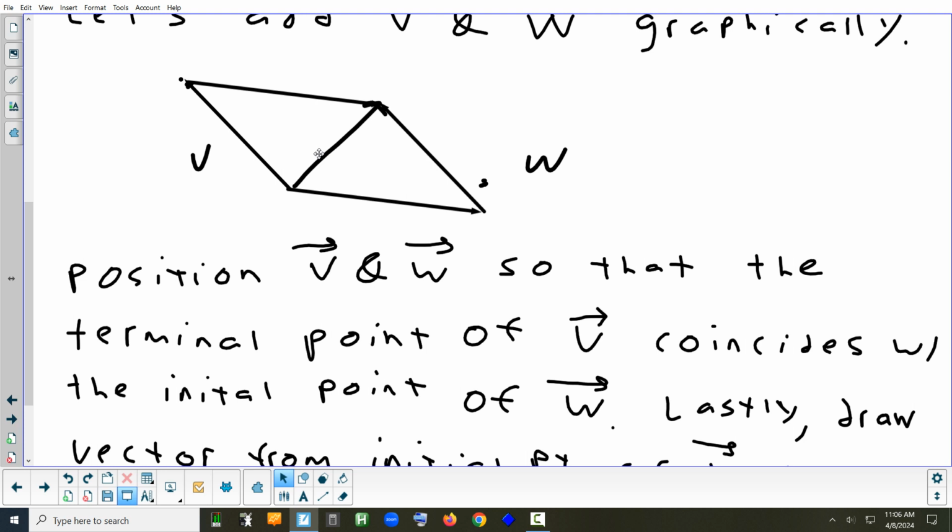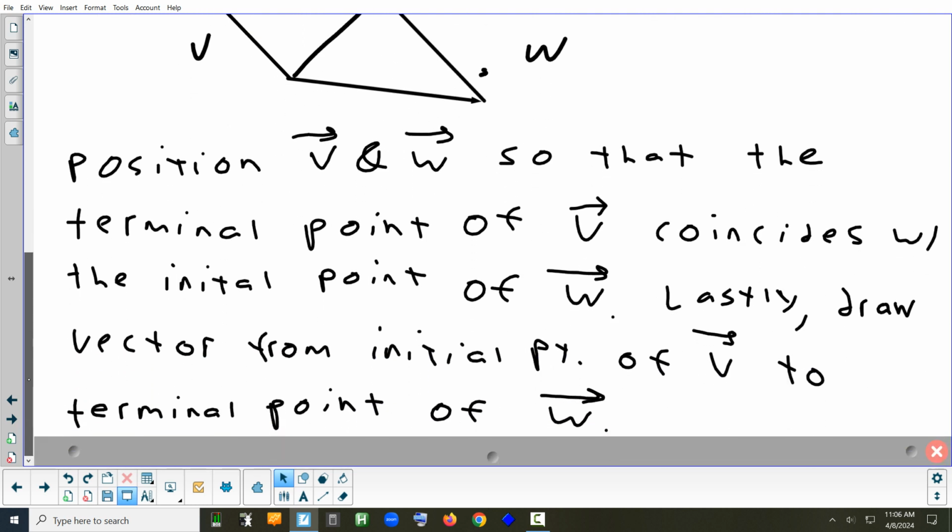Again, I don't draw the whole parallelogram. Okay, so drawing is good. I think if you're doing a word problem, it helps you to visualize what's happening. But in general, if we really want to just add and subtract vectors, there's a way we can do it with just numbers. Okay, and I'll start to show you that at the end of class.